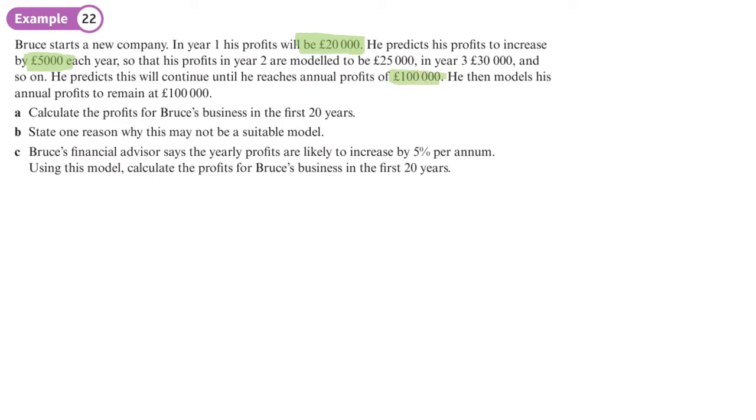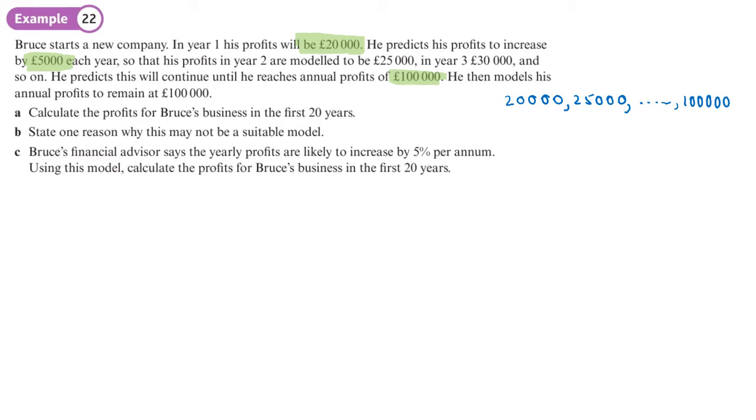So we're going to have this sequence of profits that starts at 20,000 and then goes to 25,000 and so on. And then at some point it's going to get to 100,000, but it's not going to increase anymore after that.